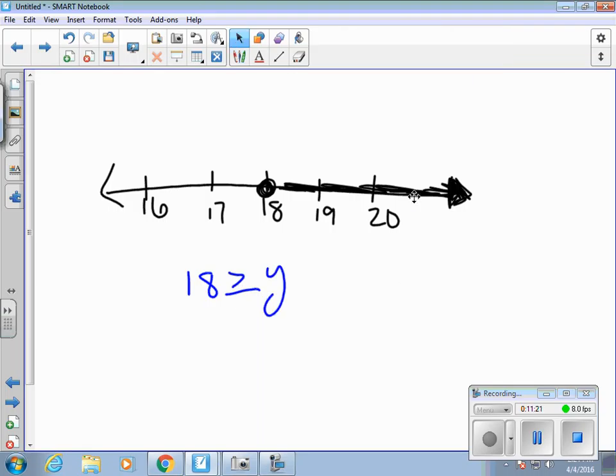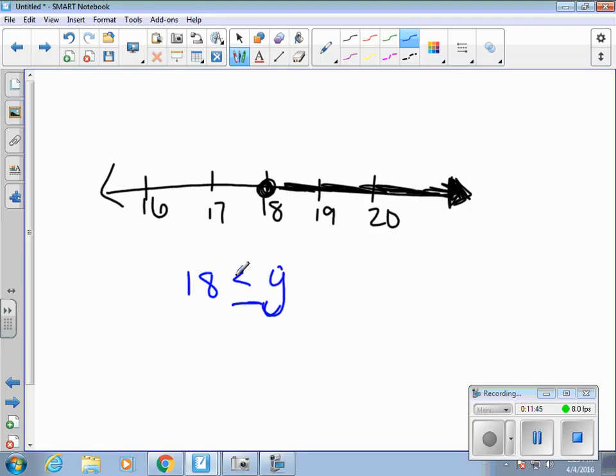You just now wrote me 18 is greater than y. Is that right? No, what's it going to be? Now, let's flip it so my variable comes first. No, leave what you got. That's perfect. Go ahead and write it back. So 18 is less than or equal to y. Okay, now let's rewrite it.